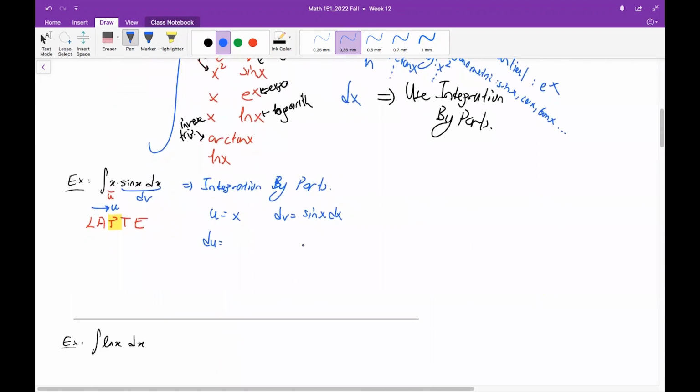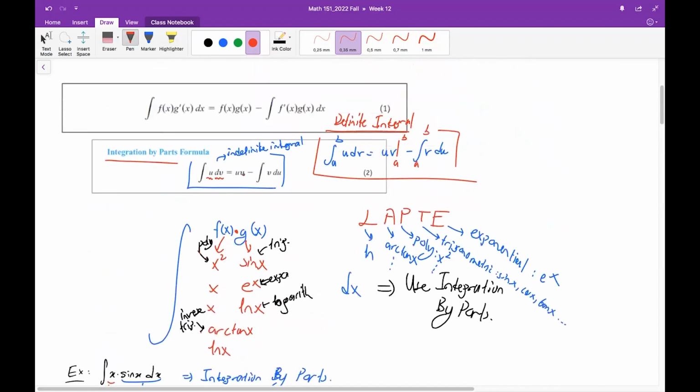So you will complete this diagram, okay? So if u is x, then du is dx. If dv is this thing, v is the integral of it. So from u to du, you pass by taking the derivative, and from dv to v, you will pass by taking the integral. Okay, what is the integral of sine x dx? Obviously, it is minus cosine x.